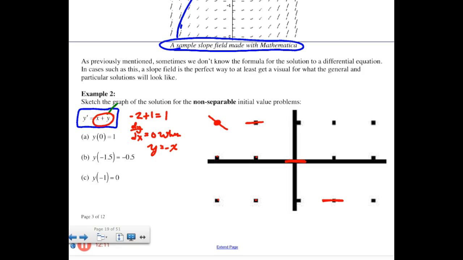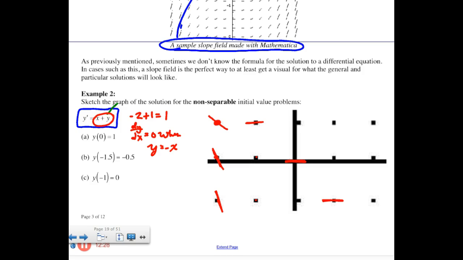Let's just hop on right here at negative 2, 0. I do negative 2 plus y, which is negative 2. At negative 2, negative 1, I'd add them and get a negative 3. So I just need to make that steeper than I made the negative 2 one.